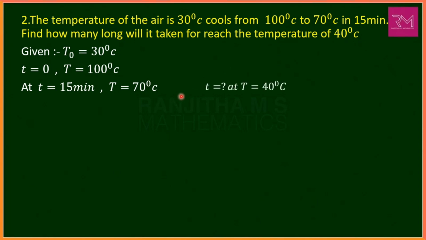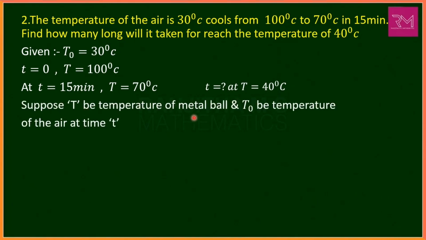We have to find the time taken to reach the temperature of 40 degrees Celsius. That is, we have to find the small letter t value at T is equal to 40 degrees Celsius. Let us suppose capital T be the temperature of a metal ball and T0 be the temperature of the air at time t.